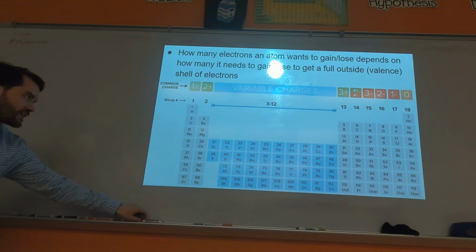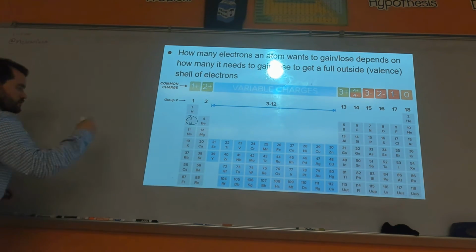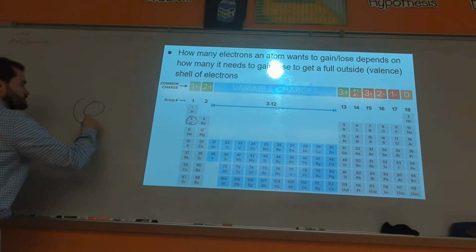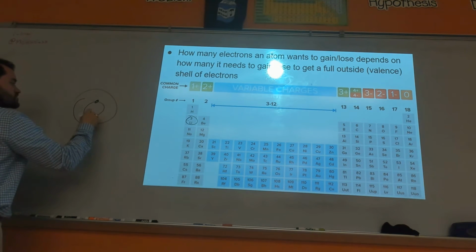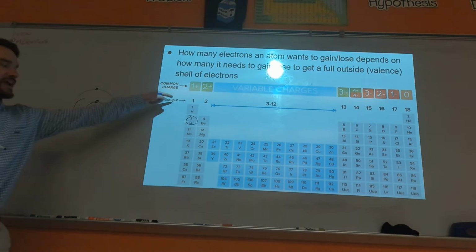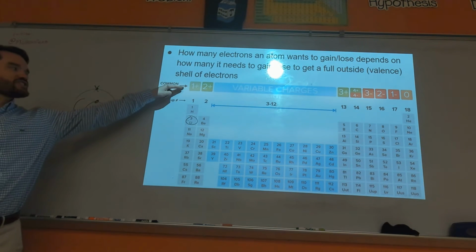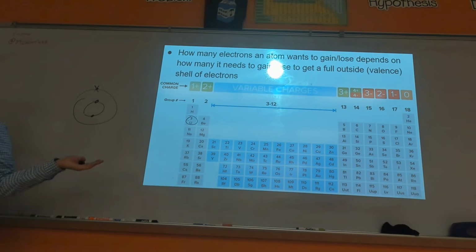If I draw the Bohr model for lithium, for some element in group 1, it has 3 electrons: 2 go in the first shell, 1 goes in the second. If you're lithium or anything else in group 1 and you lose that 1 valence electron, then you would have a full first shell of electrons and you would be stable. That's why everything in group 1 forms a +1 cation.